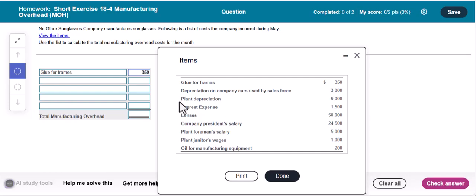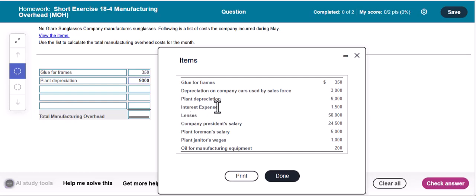Next on our list we have plant depreciation for $9,000. This is a product cost because the plant helps make the sunglasses, and you can't tie depreciation specifically to a pair of sunglasses. So this is a manufacturing overhead. So plant depreciation we have for $9,000. Then next on our list we have interest expense.